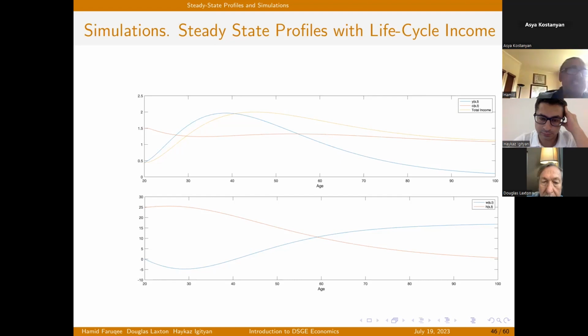The implications of that you can see in the wealth profile in the bottom panel, where again, agents are born with zero wealth. In this case, an agent is an individual, and you'd want to have a period of borrowing where you're actually a net debtor, where wealth can maybe turn negative. You're borrowing against your future income.